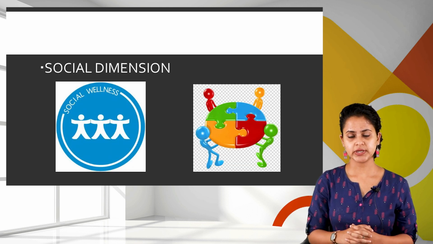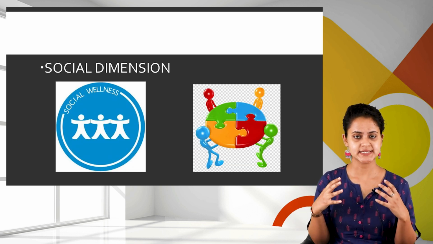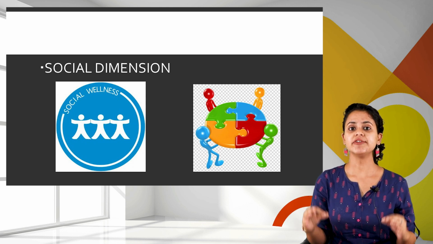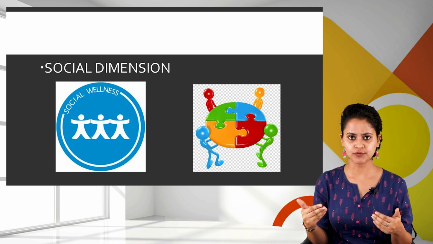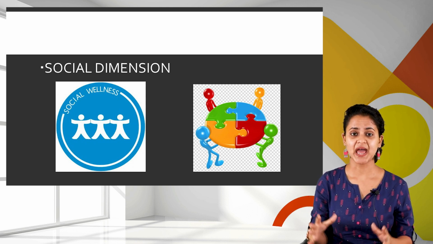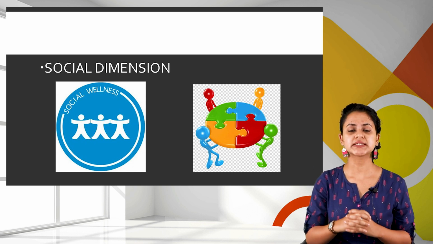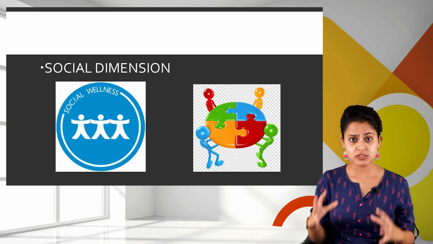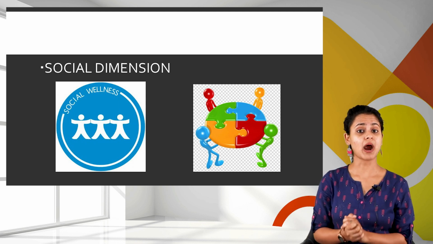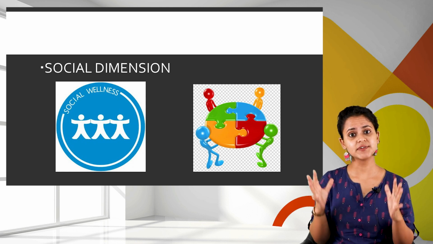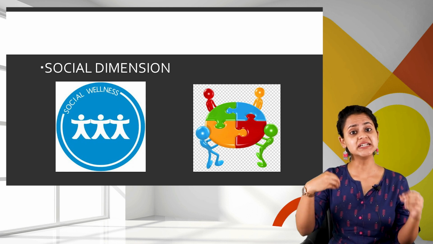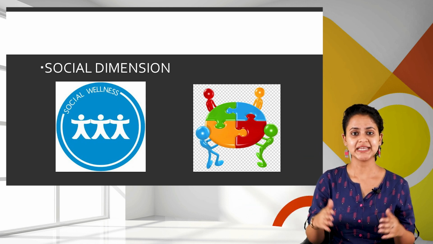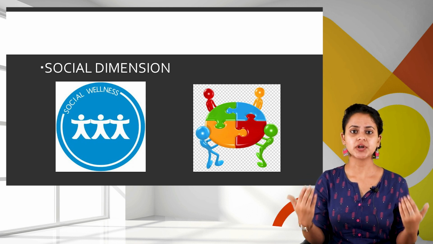So next we are going to read about the social dimension. If we talk about health in the social dimension, generally it refers to the ability of an individual to make and maintain relationships with other people in the community. It is a very important part of health that the individual should be capable enough to build a relationship and maintain it lifelong in the community or with other people.